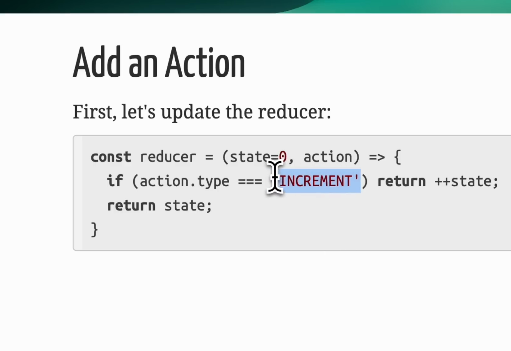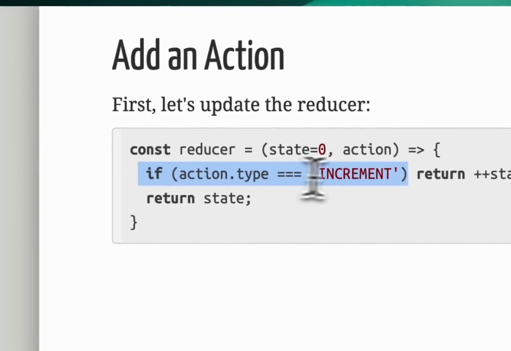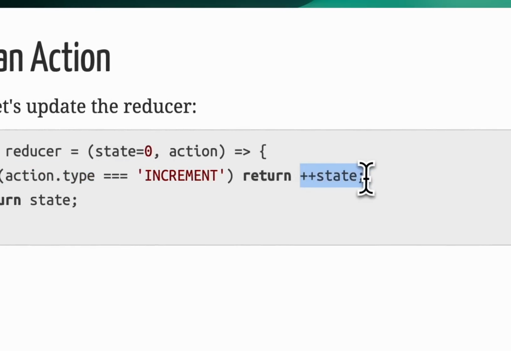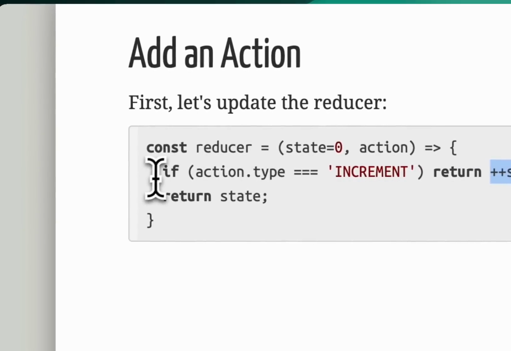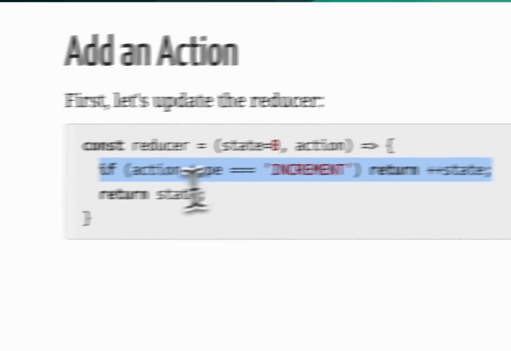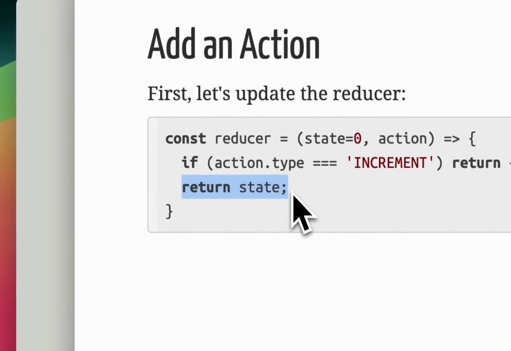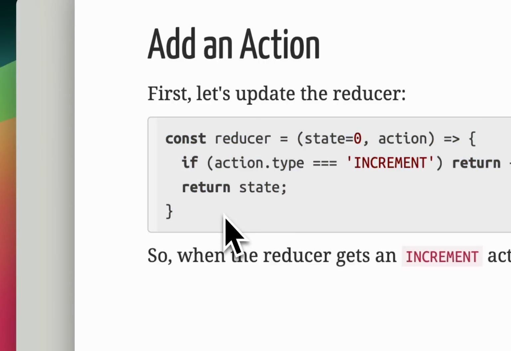If it is, then we must increment our state variable by 1. So when this condition is true, we return a new state by incrementing the previous state by 1. And when this condition doesn't match, we return the existing state. So that's how you define a reducer function.